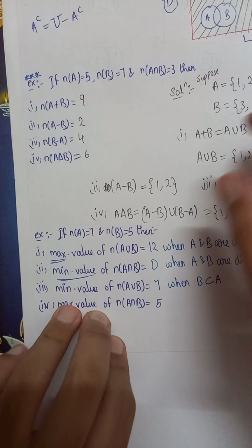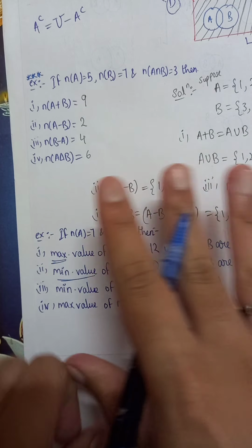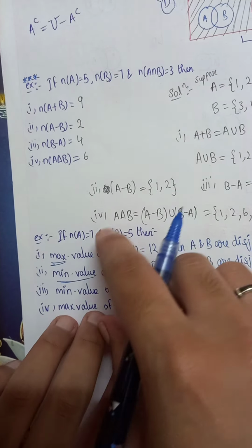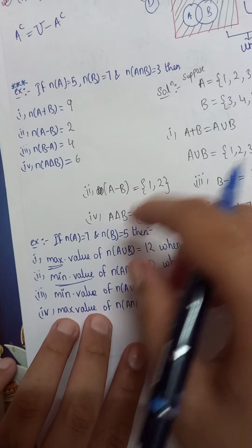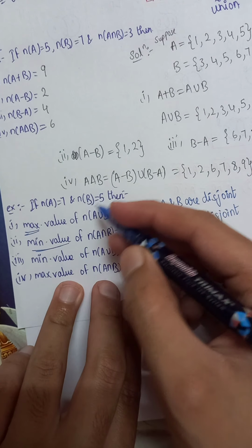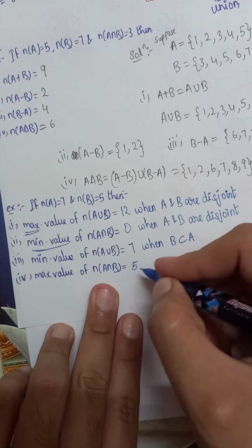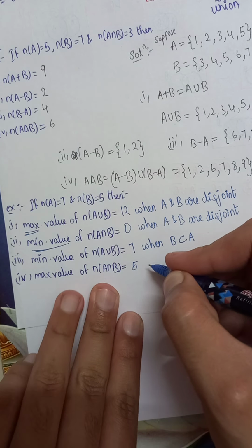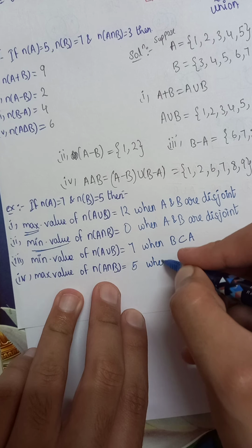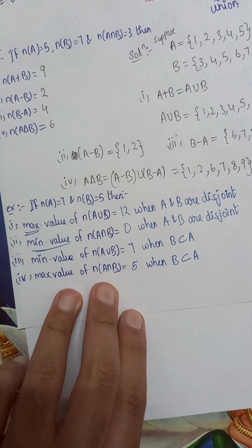It can't be 6, because set B actually has only 5 elements. If the number of elements in set B were 6, then you would write 6. But since it is 5, the maximum value of the number of elements in A intersection B is 5. This is possible when B is a subset of A.